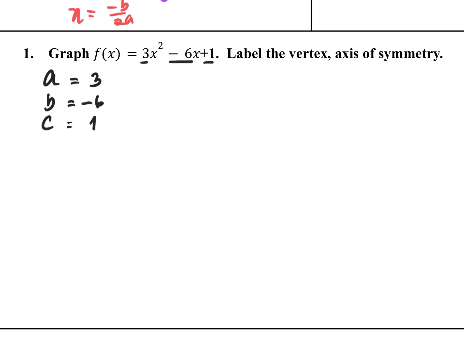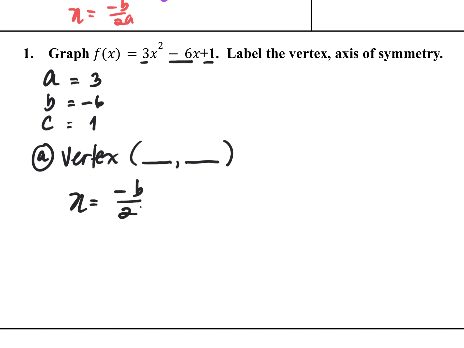So let's start looking at the vertex. Here our vertex should be located at some x value and then some y value. Okay, here we go. So to find that, we're going to use x is equal to negative b over 2a. This is going to give us the x-coordinate of our vertex.